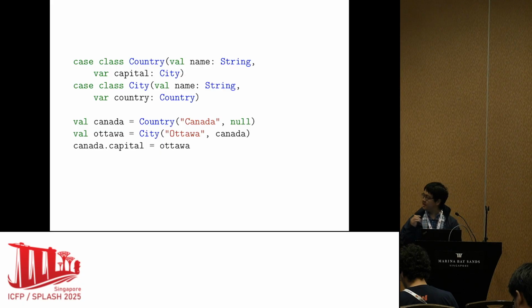Or if you're returning cyclic structures, it's really hard to construct them without mutation unless you're really well-versed in laziness. So you want the ability to generate mutable structures that escape, but still have these nice safety properties that we just talked about.